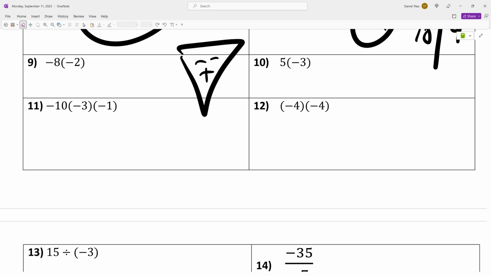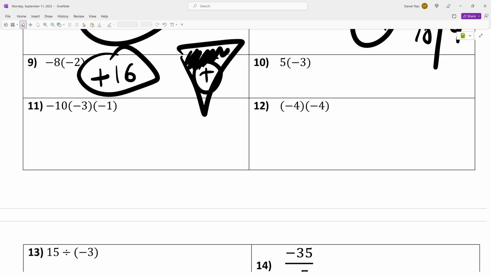Since there's 2 minuses, it's a plus there. It's positive. Positive what? 8 and 2. Oh, 10. No wait, 16. You have to multiply them.